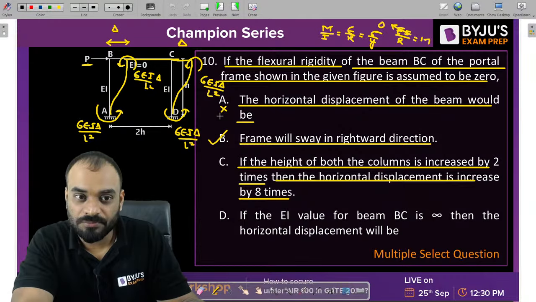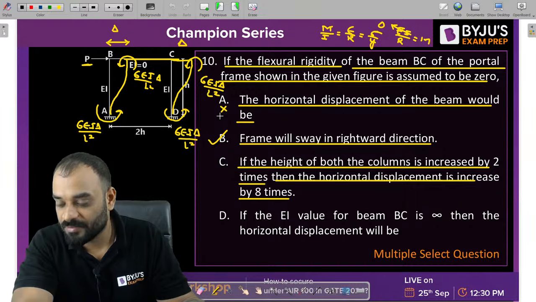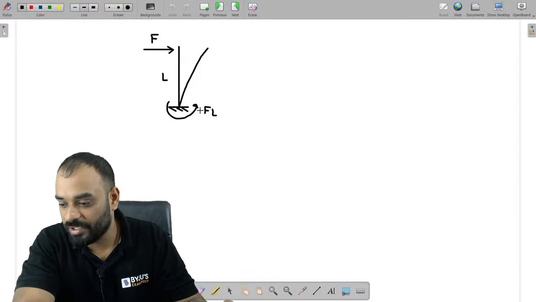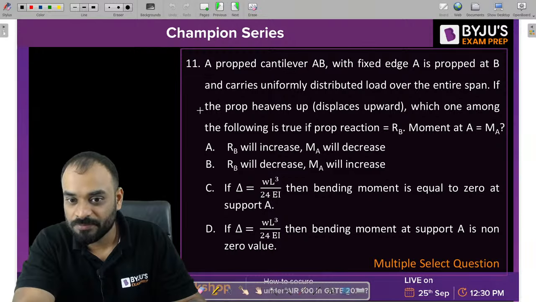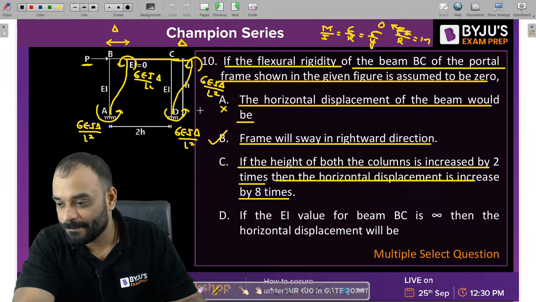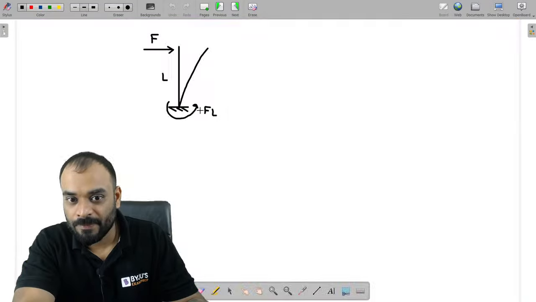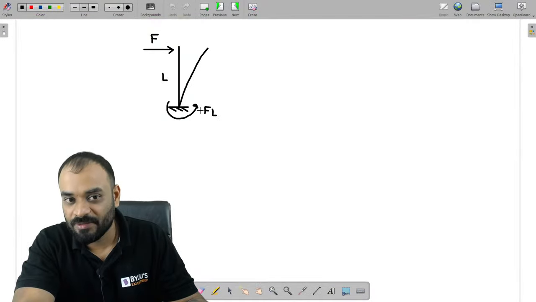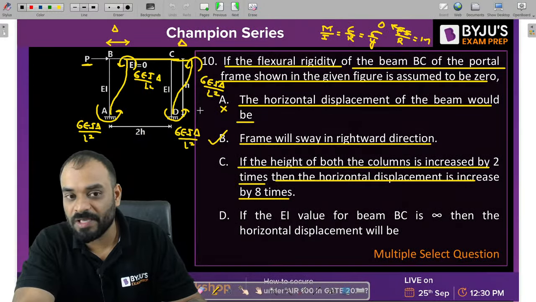Yes or no? Tell me guys. This particular moment is equal to F into L only. Yes or no? Please let me know guys. If it is a free end, then only this particular moment can be applicable, which is F into L.